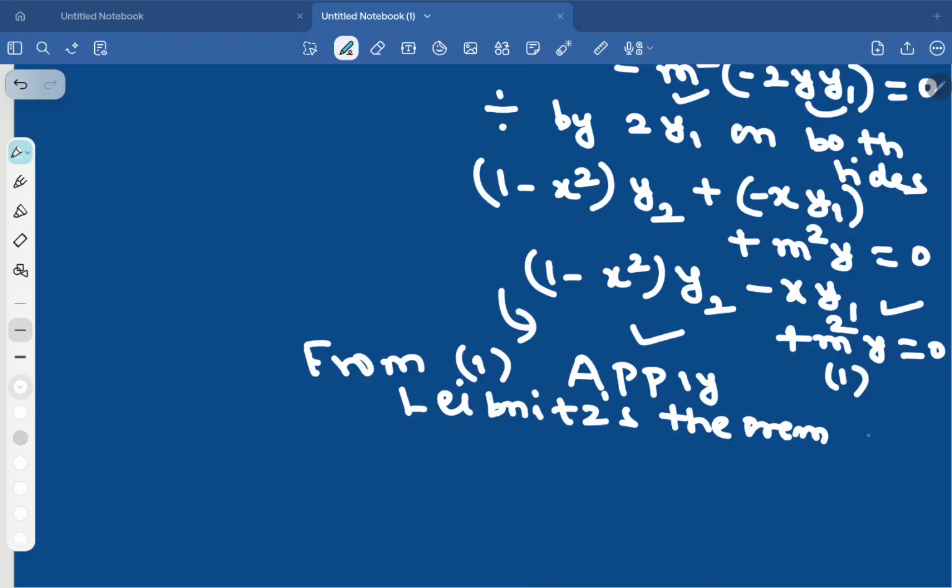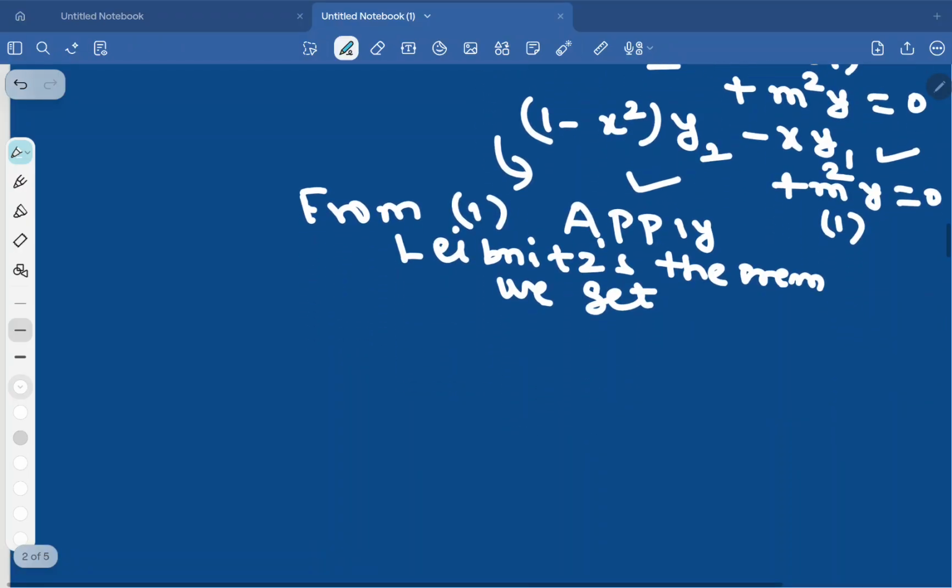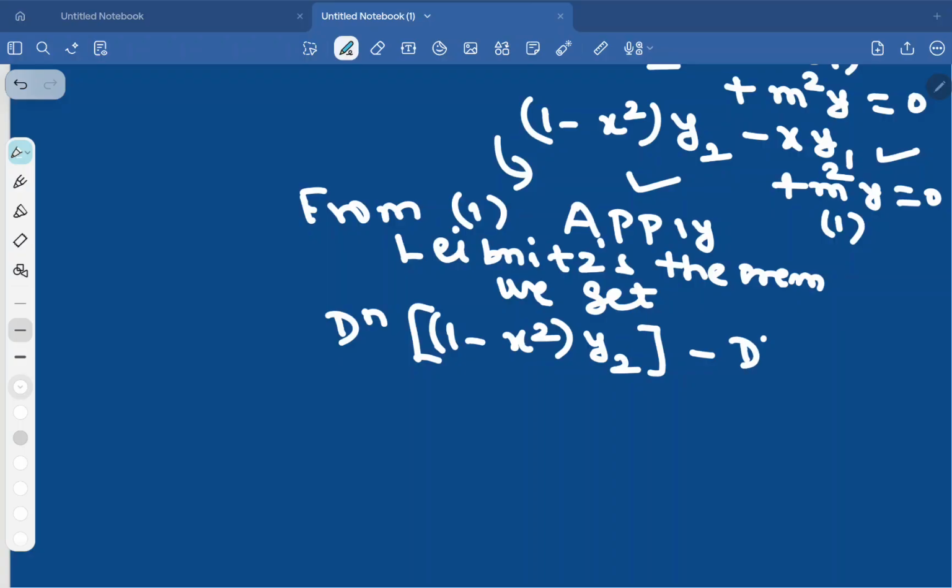We get equation 2, that is d power n of 1 minus x square y2 minus d power n of x y1 plus m square d power n of y equal to 0.